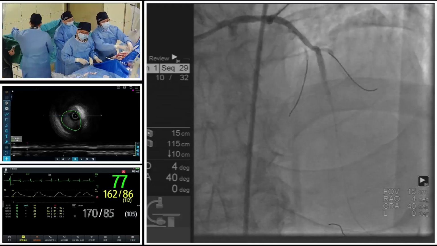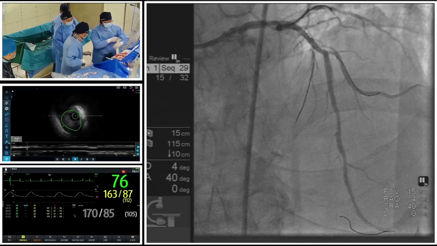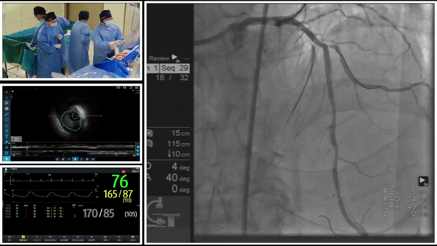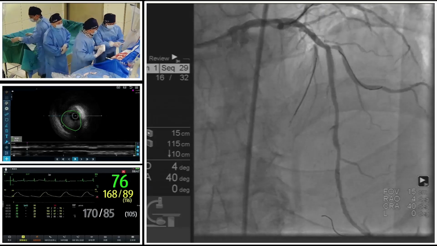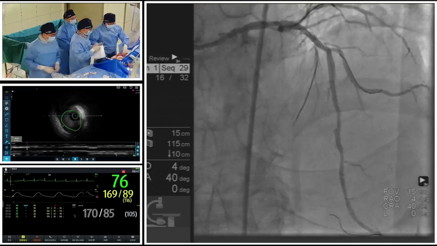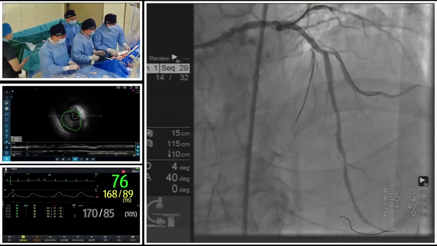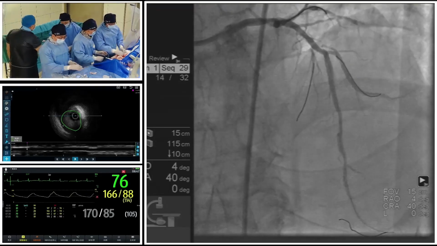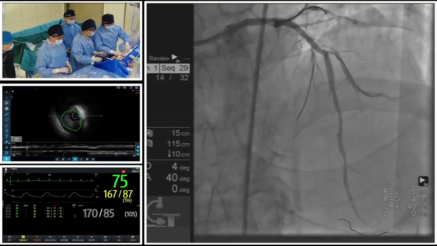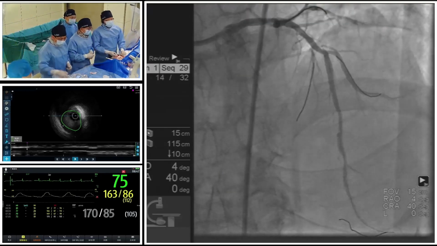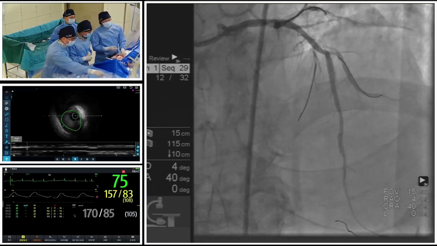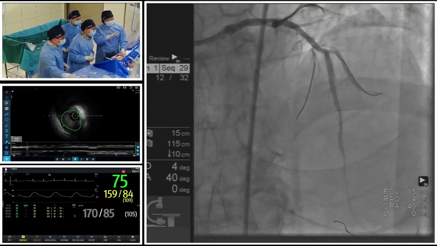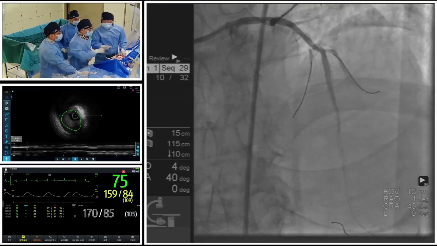After the rotablation, we use the IVUS to detect some very deep and very thick calcification, especially at the left main trunk and the proximal diagonal. So we are choosing the IVL as a second strategy to treat all these big calcifications. You can imagine when we are using some big balloons to do the sequential balloon dilation, both the septal branch and the diagonal branch maintained patency.